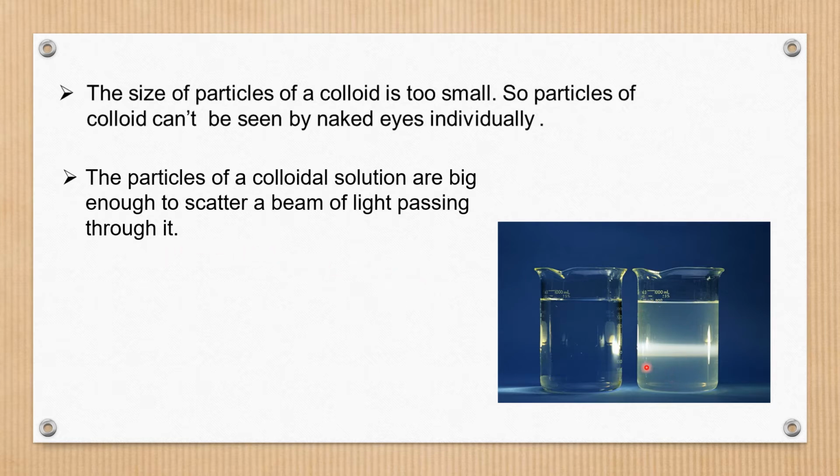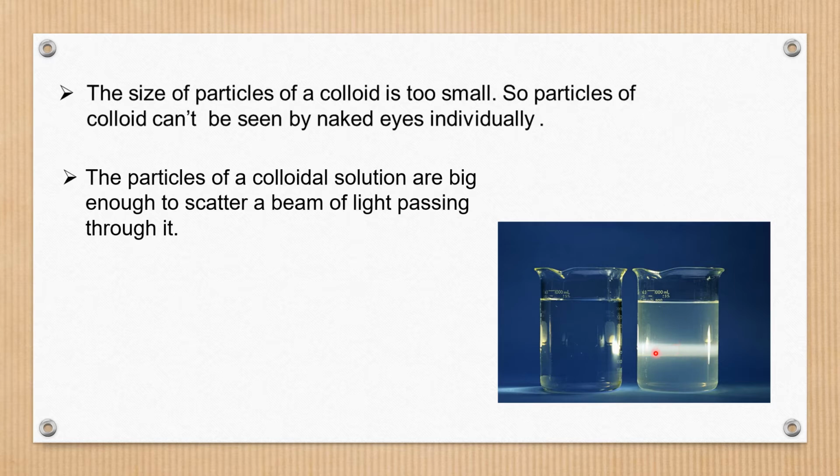The first beaker is a solution, a homogeneous mixture, and the particle size is very, very small, so those particles cannot scatter the light. But the second beaker contains a colloidal solution, so the particle size is larger than in a solution, and it can scatter a beam of light passing through it.